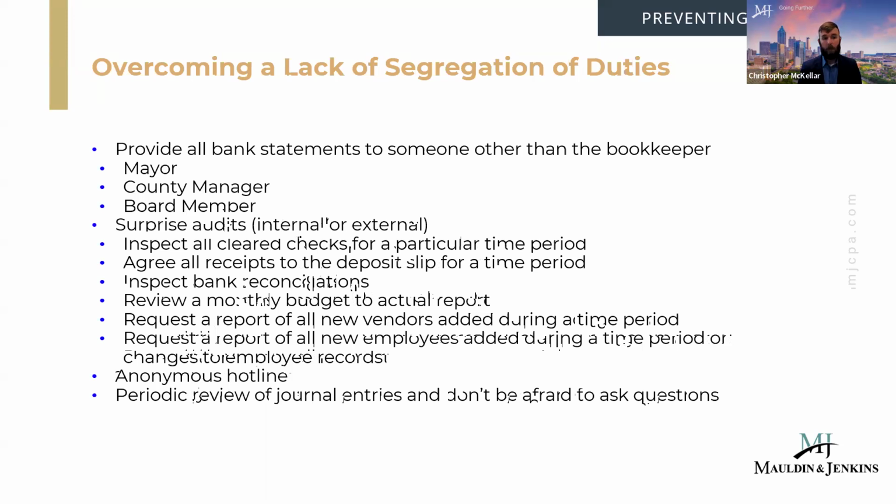If you have the ability to run something out of the system that shows a report of all new vendors added during a time period or changes in vendors, this would be a good compensating control. Request a report of all new employees added during a time period or any changes to employee records.